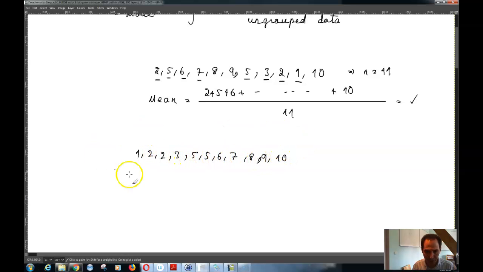Since n is equal to 11, the number of observations is an odd number.